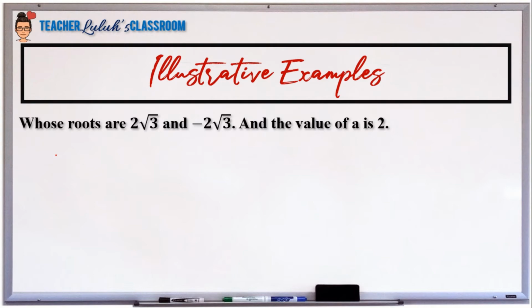So, halimbawa, nagkaroon ako ng square root of 5. Automatically, na yung isa niyang root is negative square root of 5. So, kung meron akong negative 3 square root of 7, automatically, yung isang root ay 3 square root of 7. Without even saying that. Kasi, laging positive, negative.